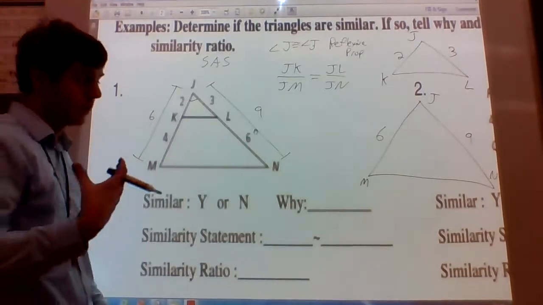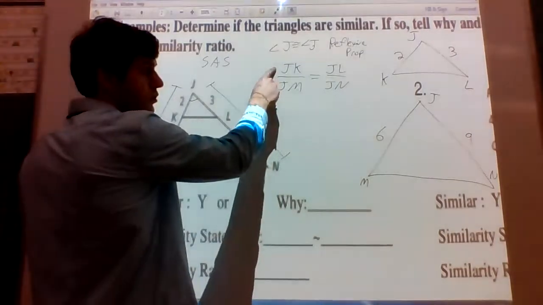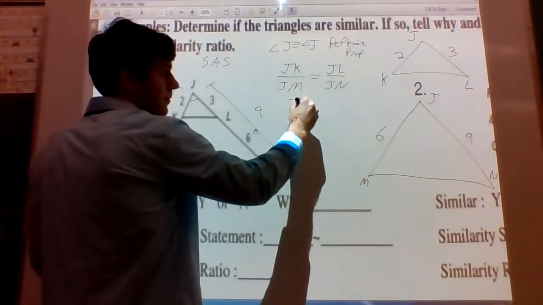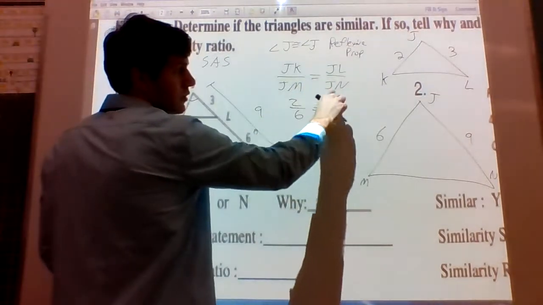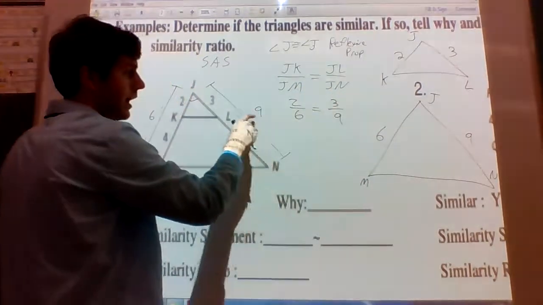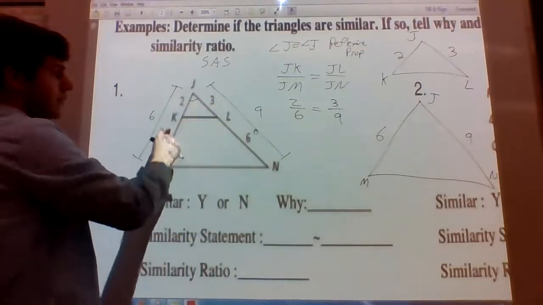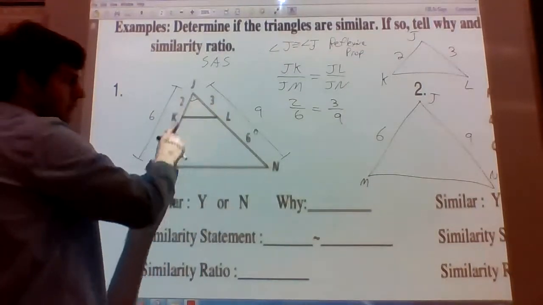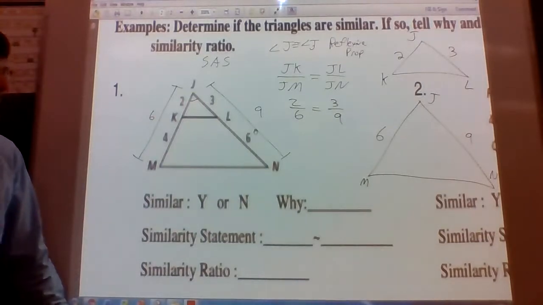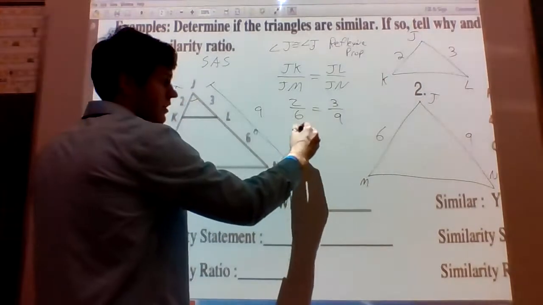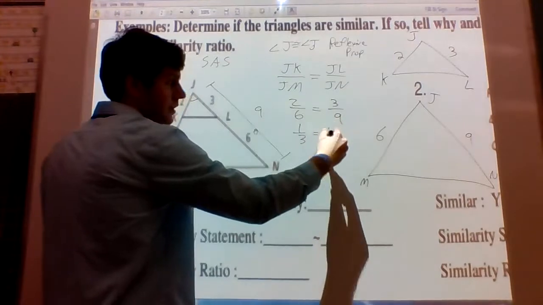So let's substitute in the numbers and see if it works. 2 over 6. JL is 3, JN is 9. Again, the 9 comes because we're adding these 2 together. The whole side is 6, the whole side is 9. Reduce the fractions: 1/3, 1/3.